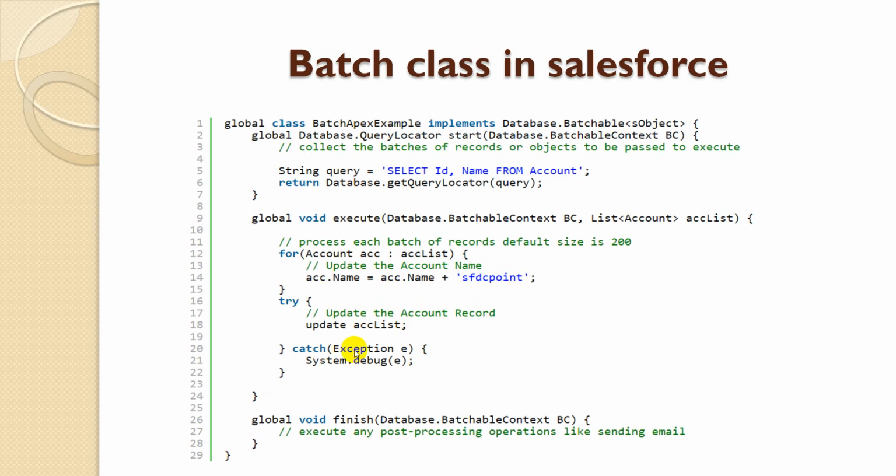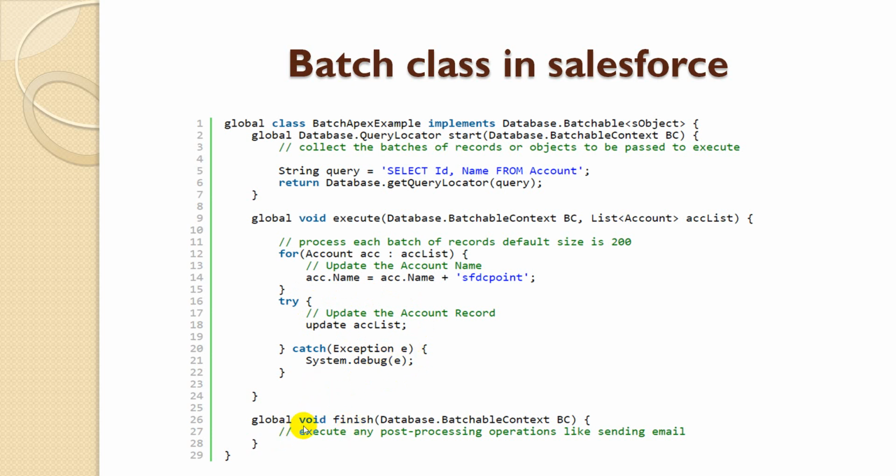When we are inserting or updating, if there's any problem, let's catch it. It's good to have try and catch exception handling. So try to update this list, and then catch any mistake.